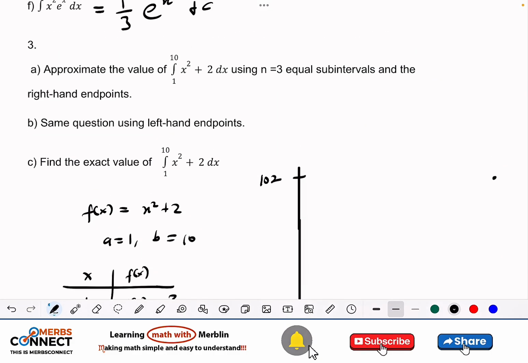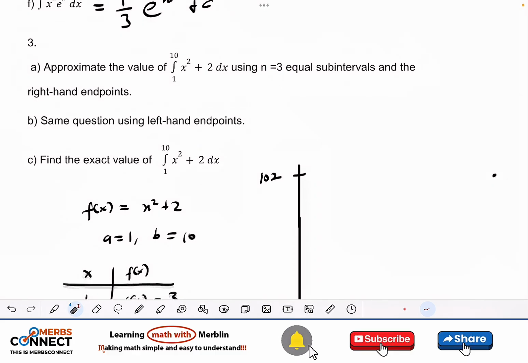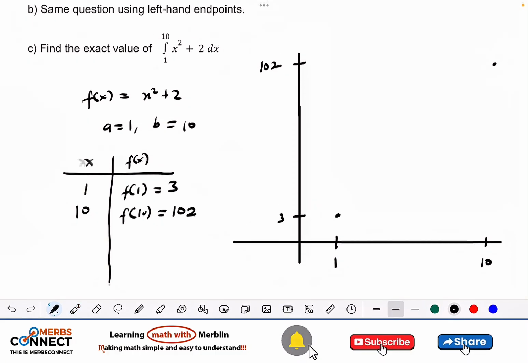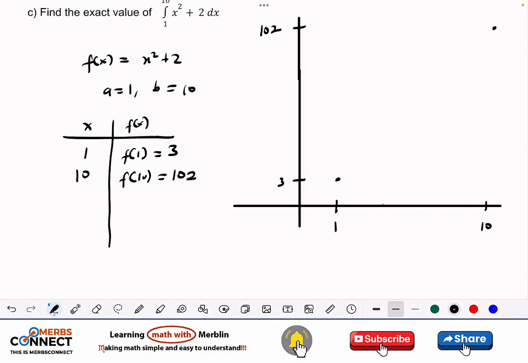But the idea is that we need to divide this by 3, so the steps should be 3. 1 plus 3 gives us 4, 4 plus 3 gives us 7, and then 7 plus 3 gives us 10.